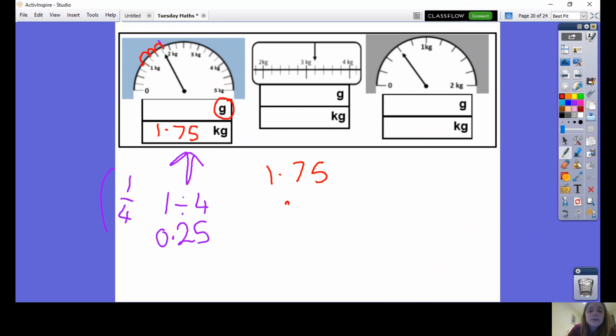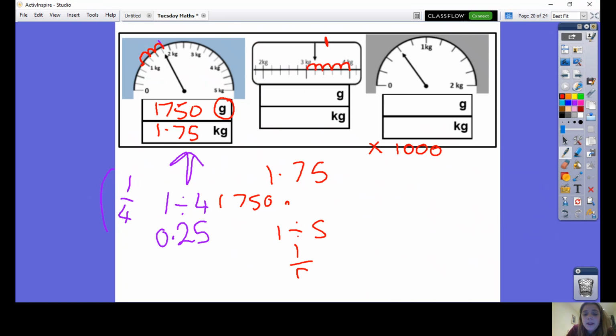You're going to the smaller measurement, so you times, and there's 1,000 grams in a kilogram. So that's going to be 1,750 grams. Okay, let's have a look at the next one then. In between 3 and 4, I know the total is 1. 1, 2, 3, 4, 5. In this one, I'm doing 1 divided by 5.